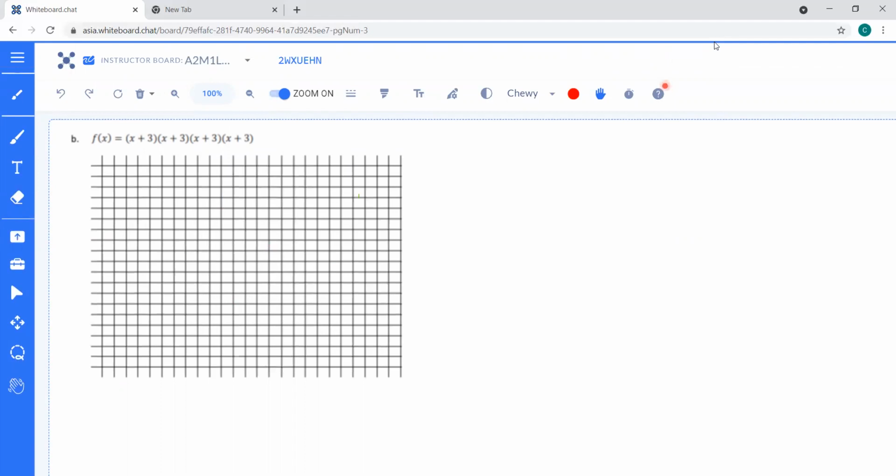We're going to have 4 zeros, and they're all going to be -3. So let's say -3 with a multiplicity of 3, right? Or, I'm sorry, with a multiplicity of 4. The X intercept is only going to be at -3. The only solution is -3.